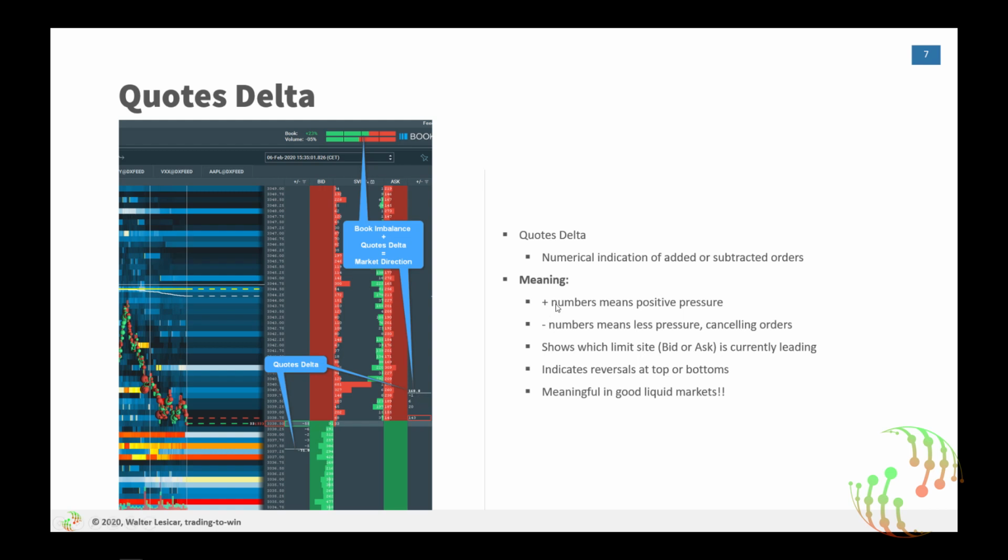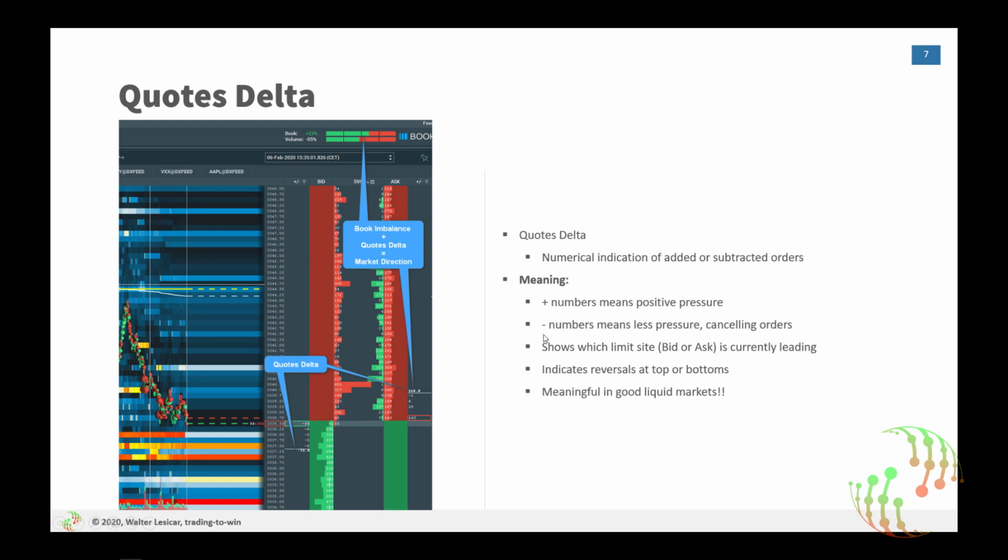So if you are reading plus numbers or positive numbers, you have pressure. In this case, the pressure is on the ask side, and you see there's not enough buying pressure, let me say it that way, to support the bid side so that the price comes to a stop.